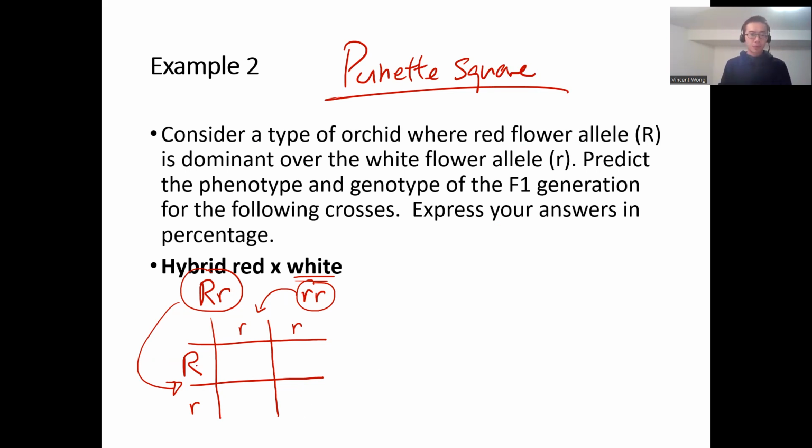All right. So you do the combination. This and this together is going to give me big R, small r, big R, small r, small r, small r, small r, small r. Okay, you just mix and match, right? Put this here, so on and so forth. Okay.